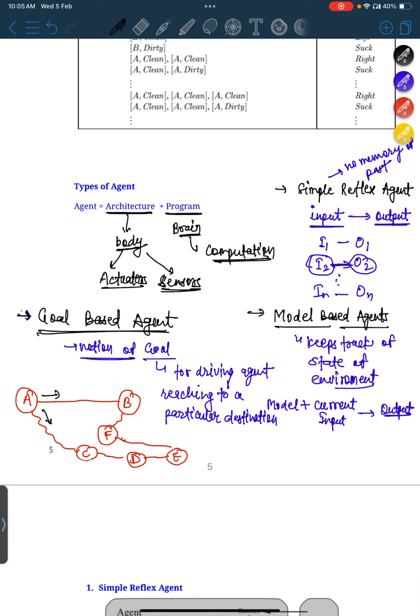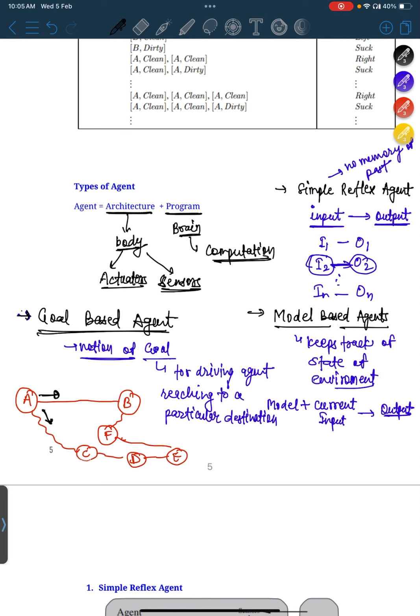So if our agent goes through this path, then it will reach B, and if it goes through this path, then also it will reach B. But which one should we take, or are there any differences between these two paths?